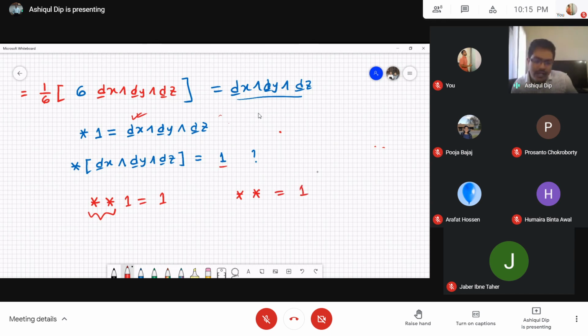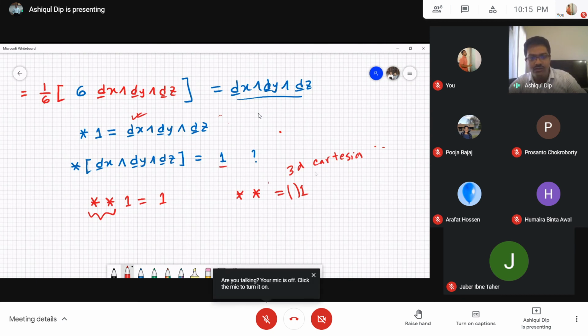Basically you'll have some factor over there, because in 3-dimensional Cartesian coordinates that's true, but generally it's not. In general, you'll have some factor over there. That's what I'm saying. We'll prove this result with absolute generality.